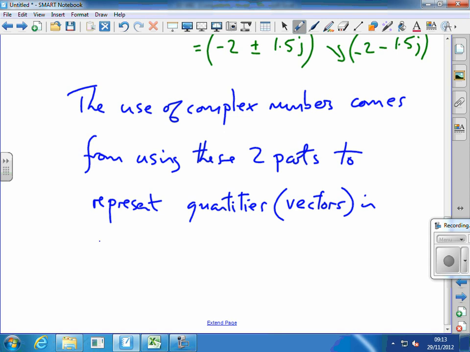Because we've got two parts, we can use two dimensions to represent it, and I'll show you what I mean. So in other words, we can represent a vector that's got an x and a y coordinate associated with it. So we can start talking about things that have a direction associated with them, vectors in other words, using these complex numbers.